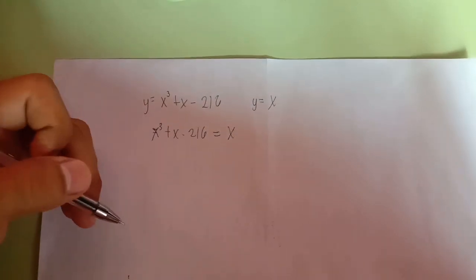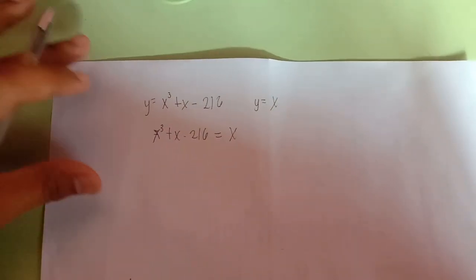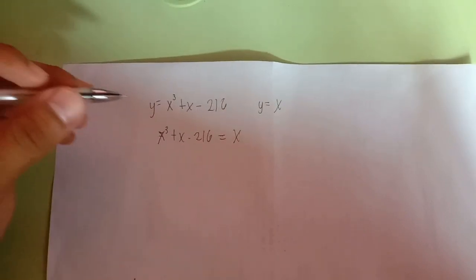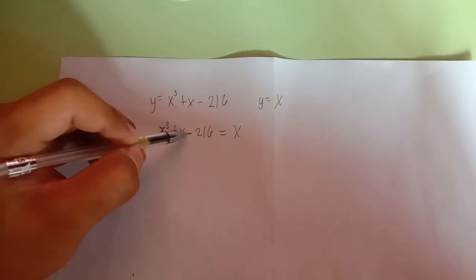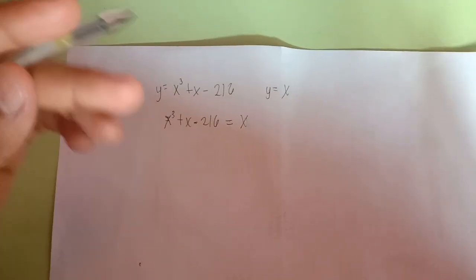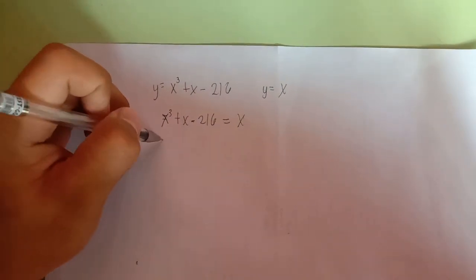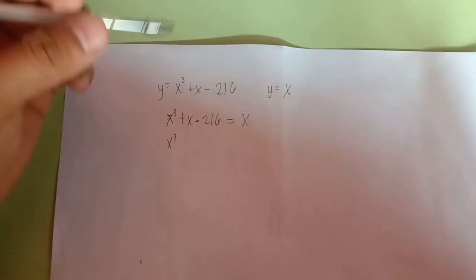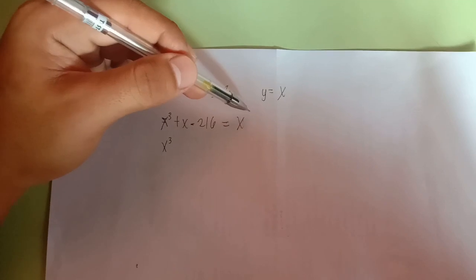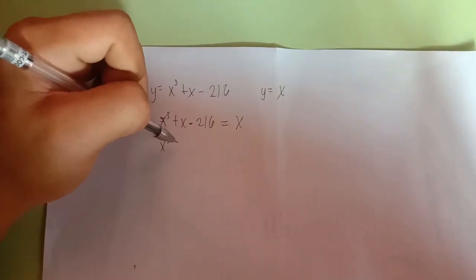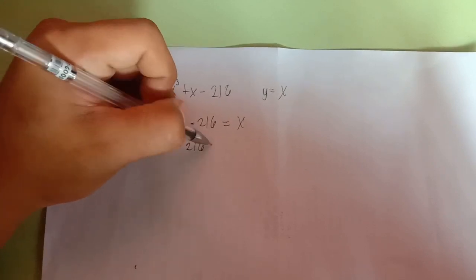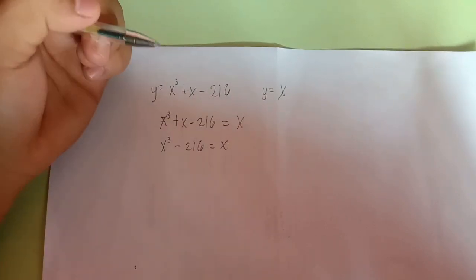And the next step, we are going to get the value of x. So x cubed plus x, this x, we are going to transfer it to the other side. So what's going to happen is x cubed plus x minus 216 minus x equals 0.